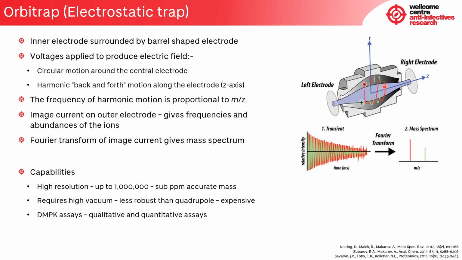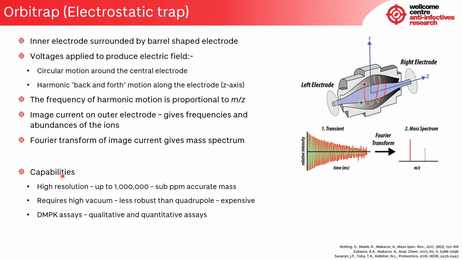A voltage applied to the spindle electrode causes ions in the trap to describe a circular motion about the central electrode, but also a harmonic back and forth motion along the electrode axis. It's the frequency of this harmonic motion which is proportional to the mass to charge. These movements of the ions give rise to an image current on the outer electrode, which gives the frequency and abundances of the ions, and a Fourier transform of the image current gives a mass spectrum.